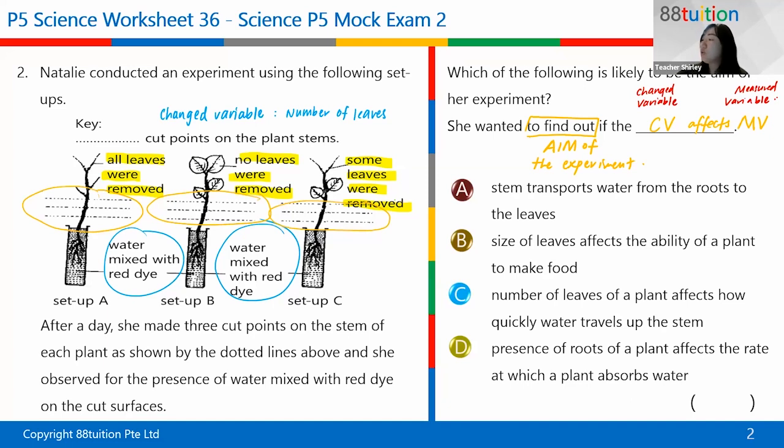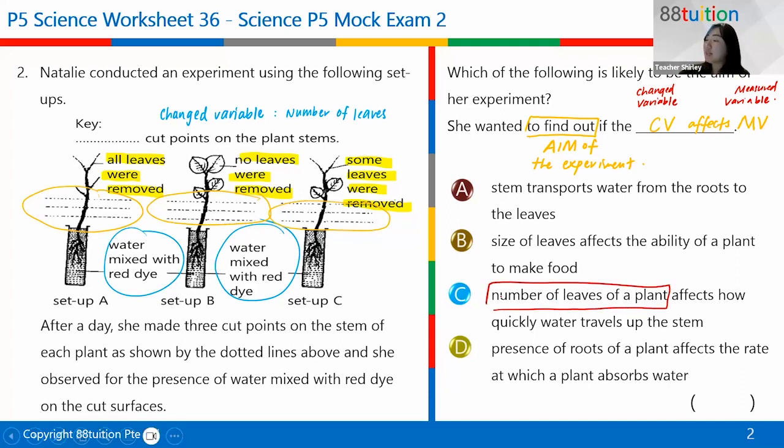All right. So we have already identified the change variable, right? Which one is the change variable? The leaf. Leaf, yes. The number of leaves of a plant.